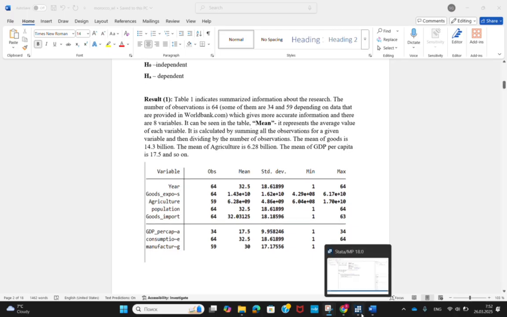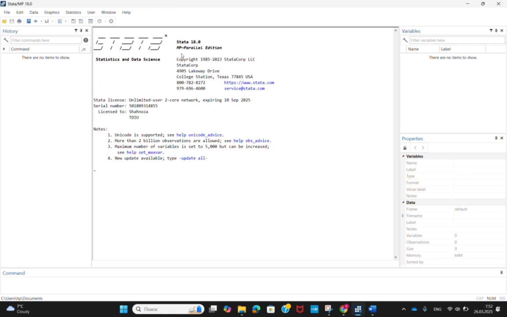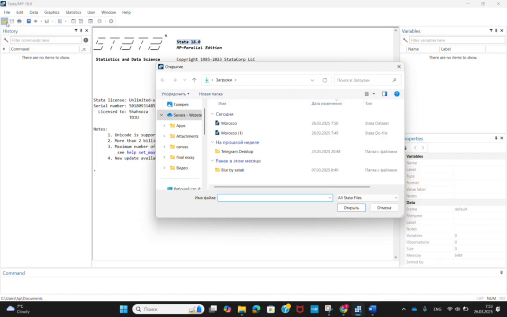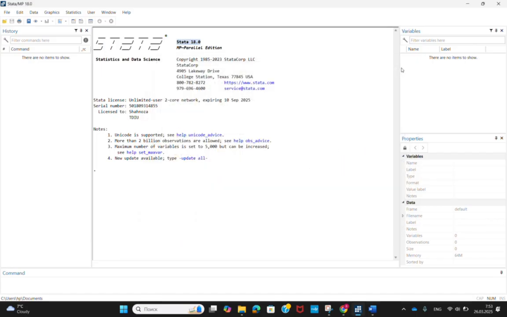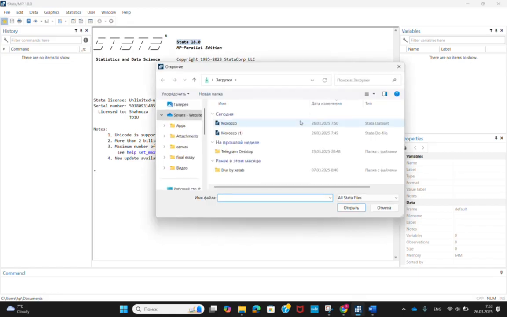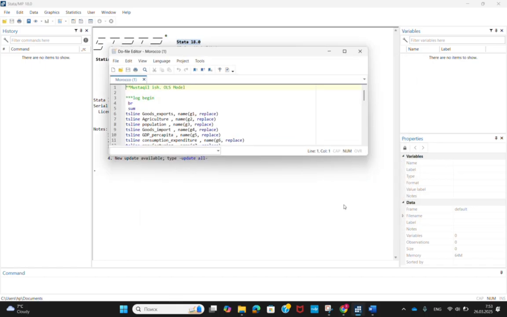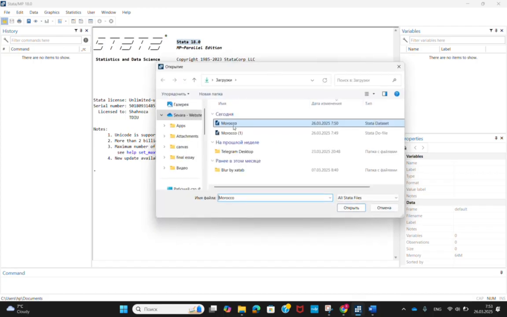Let's go to the Stata. This is Stata 18. You should download it before the research, of course. I did the do file beforehand to save our time. Here is the Morocco do file, and I need my Morocco data.